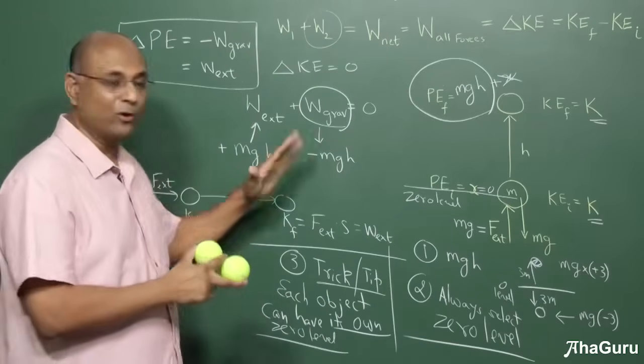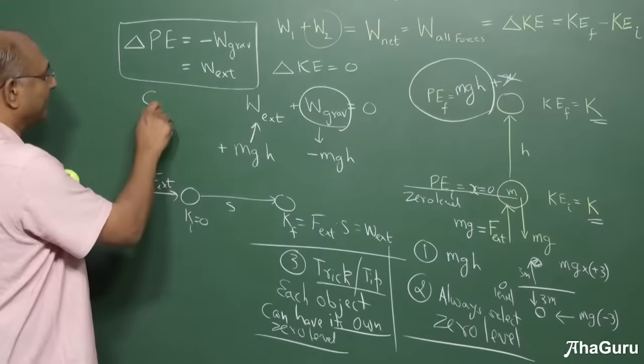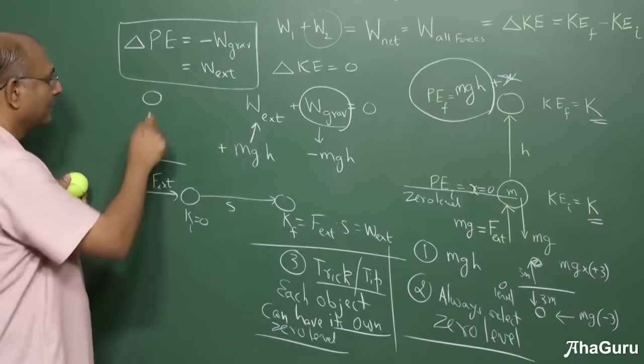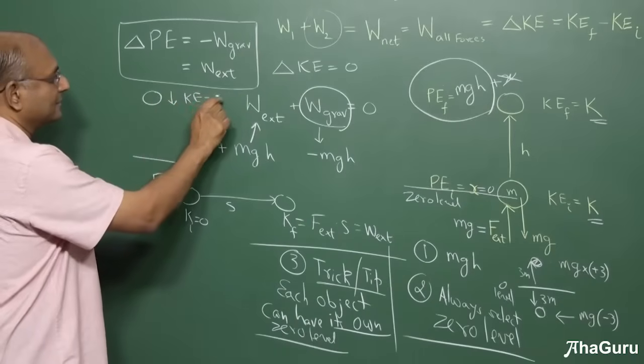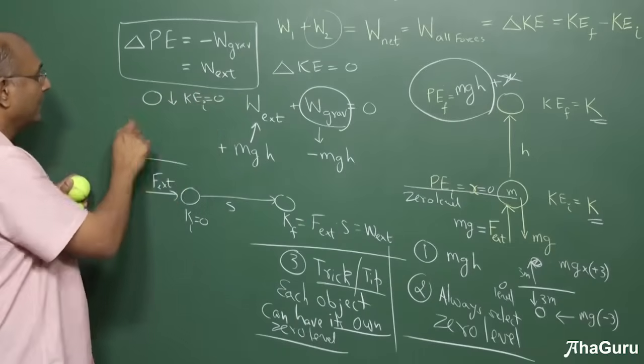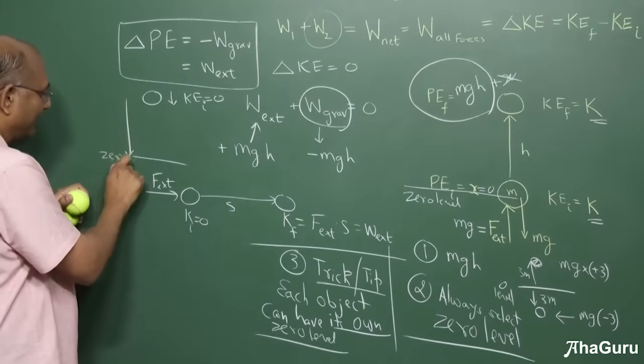Okay? Right. So I hope you know how to calculate potential energy. So if I drop an object, at that point it has kinetic energy 0. It has some potential energy, because right now let me say this was the zero level.